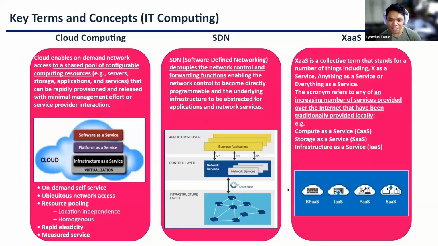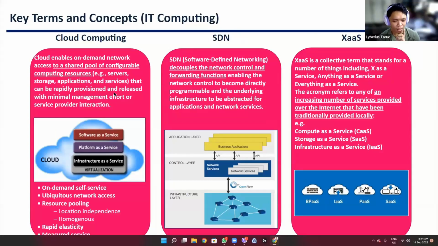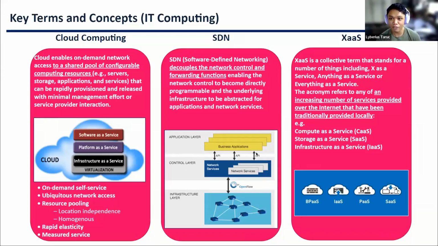Remember that in SDN, you need a controller. The controller is a separate entity on its own from the switches. For you to have the controller, you need to install an SDN platform for it.